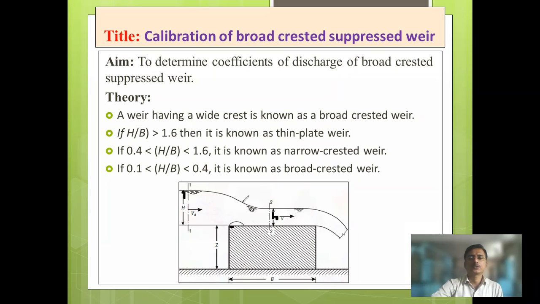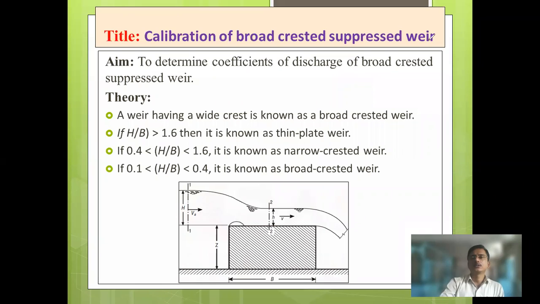Because when water comes onto this broad-crested weir, its velocity increases, and we know that to maintain the continuity equation a1 v1 equal to a2 v2, when the velocity is increased, the area has to be reduced. The width is the same, so the height is reduced, and we get this small h here.